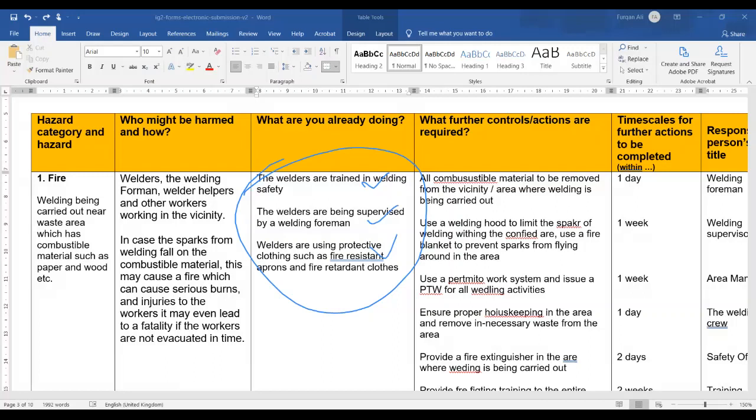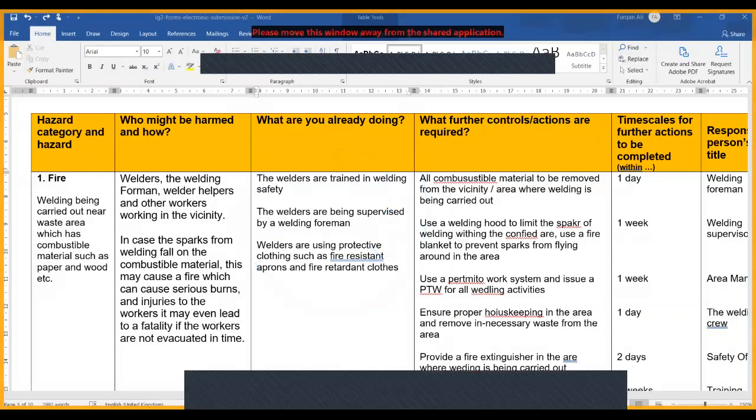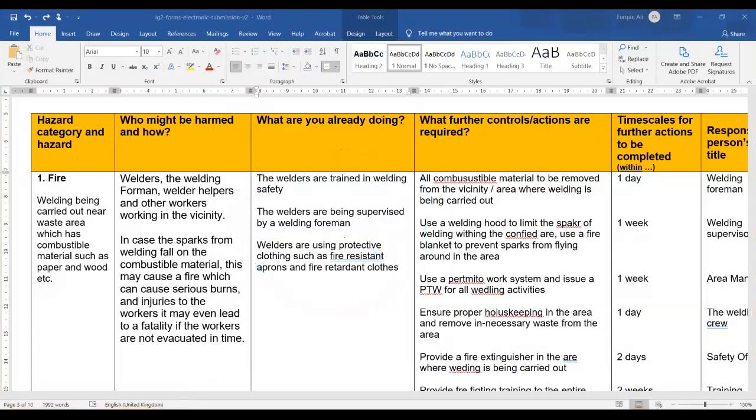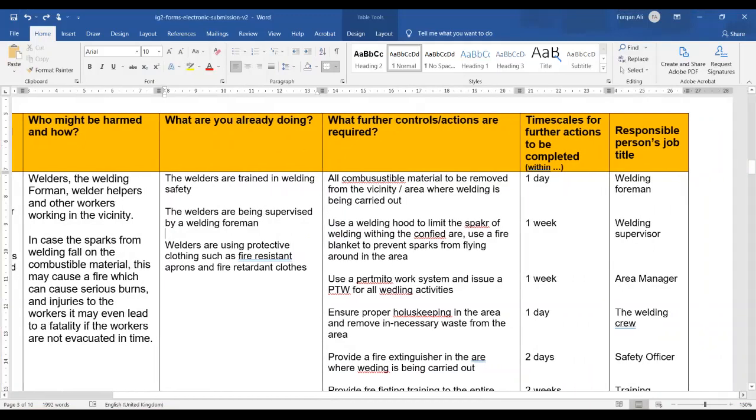Okay, now whatever you are doing at the moment, you need to judge whether it is sufficient or not. In my opinion, it is insufficient, so we need to propose additional control measures. Okay, so let's find out where we need to write further controls or actions. In this column, we will include the further controls or actions that are required.